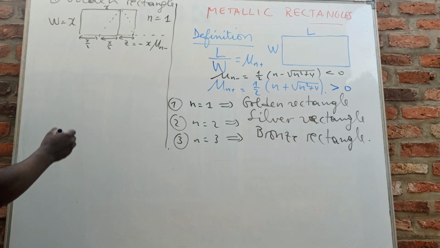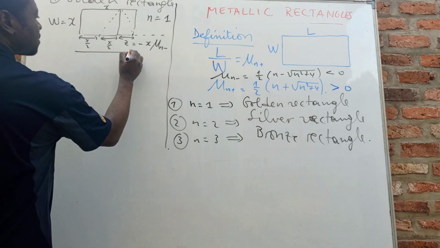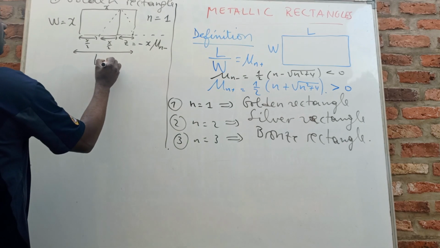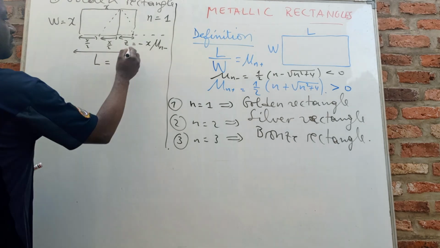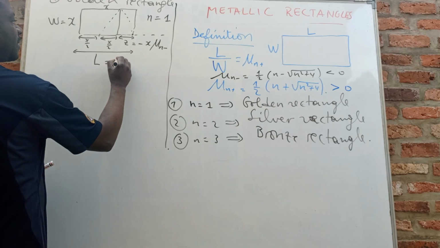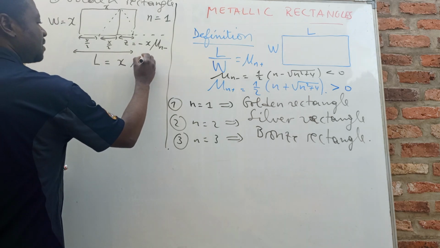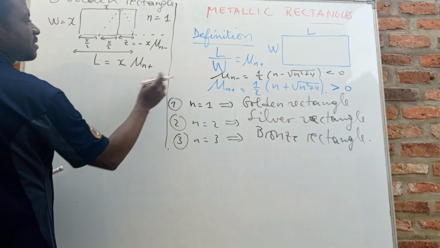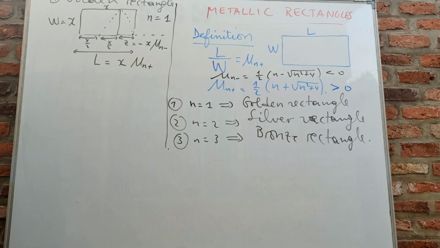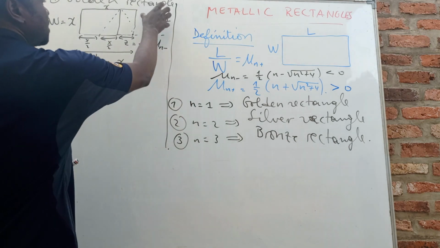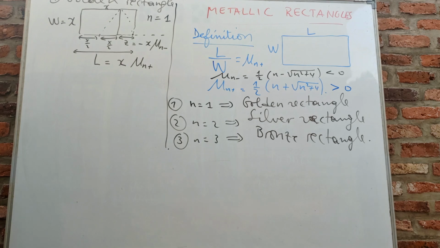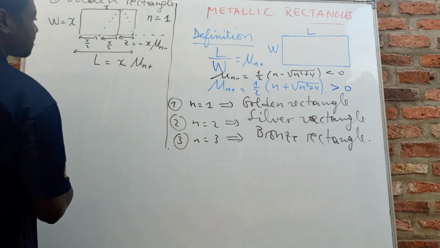Now the whole length, we are going to prove, is equal to x times the width times the golden ratio, so that the ratio is equal to the golden ratio in the case, of course, n equal to 1. Now we have to prove this.